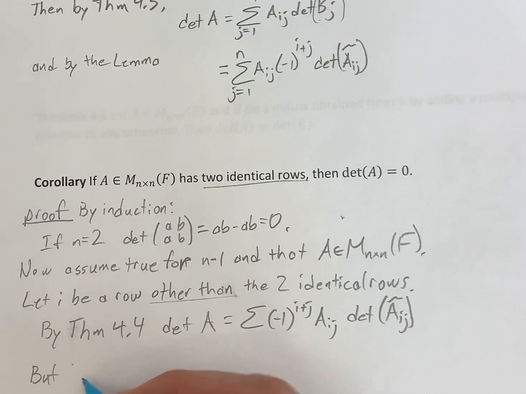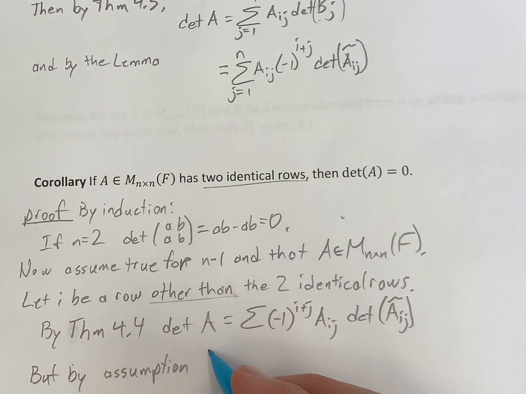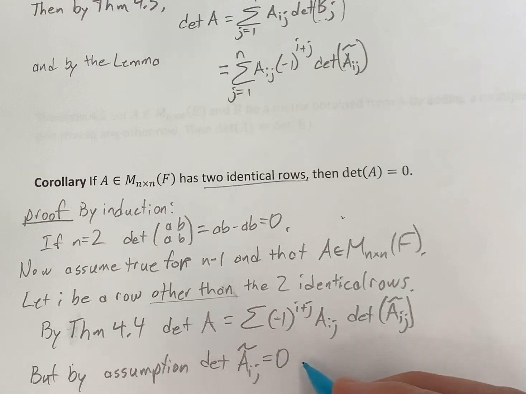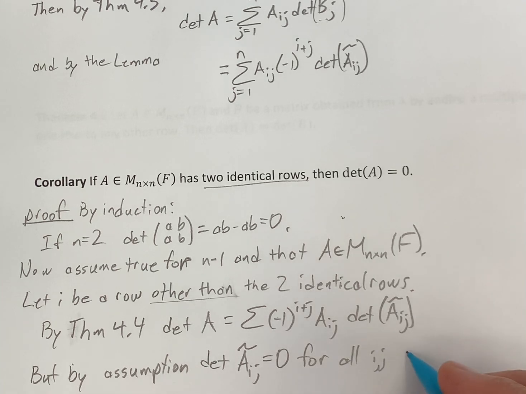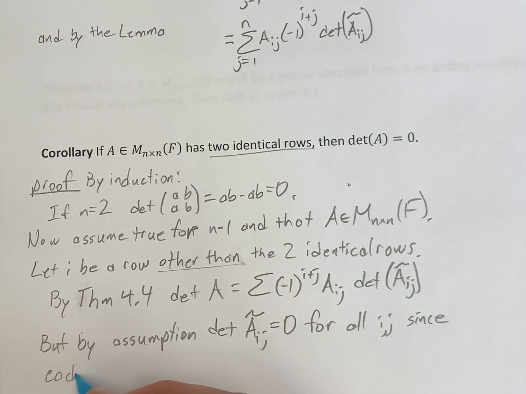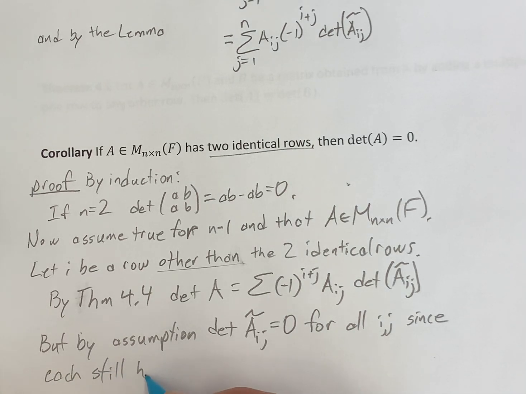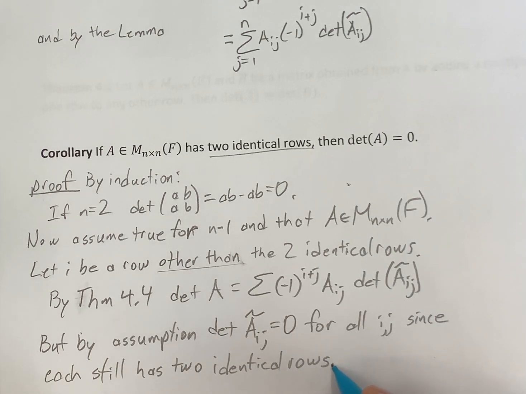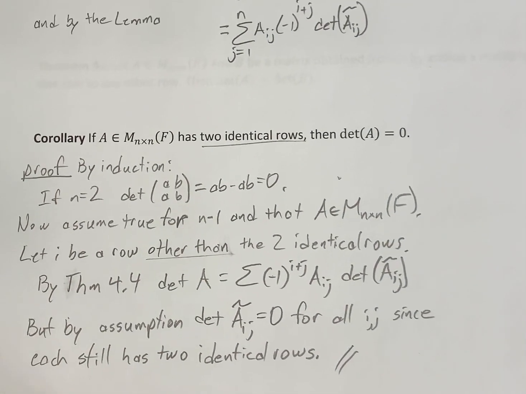But by assumption, the determinant of A tilde ij equals 0 for all i and j, since each still has 2 identical rows. Therefore, true by induction. Okay, so there you have it.